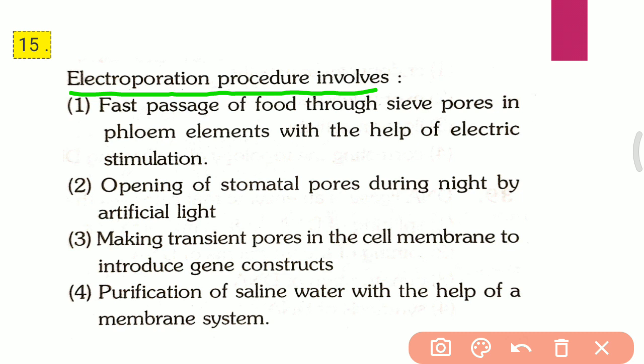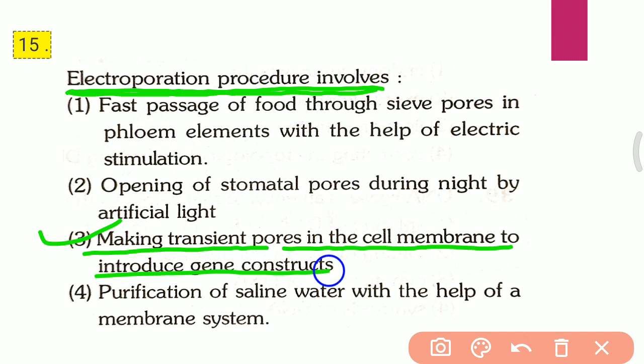Third, making transient pores in the cell membrane to induce gene construct. Fourth, purification of saline water with the help of a membrane system. The correct answer for the 15th question is the third one, that is making transient pores in the cell membrane to introduce gene constructs.